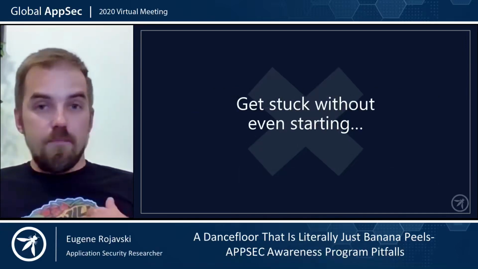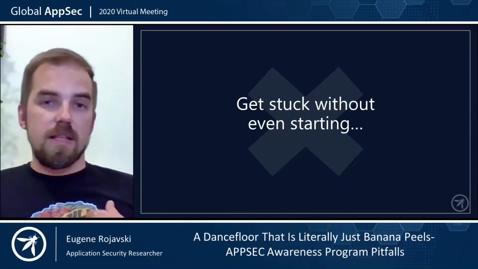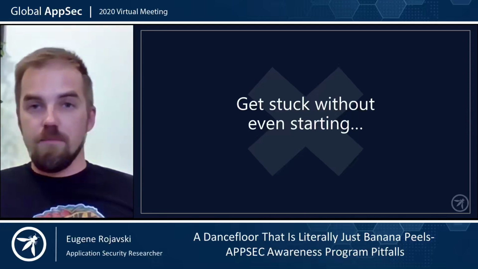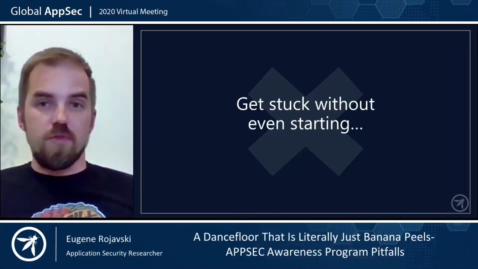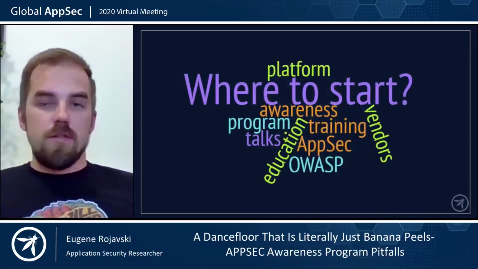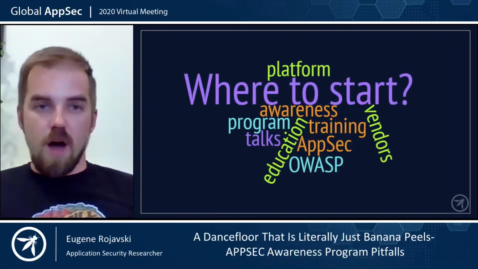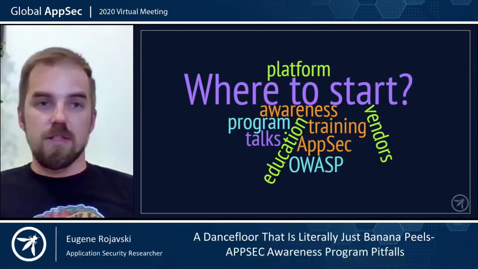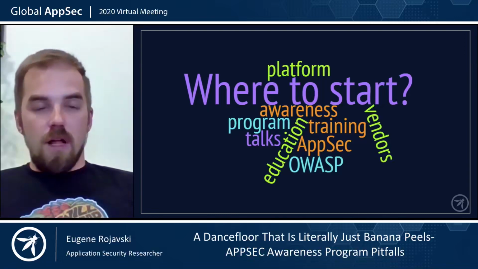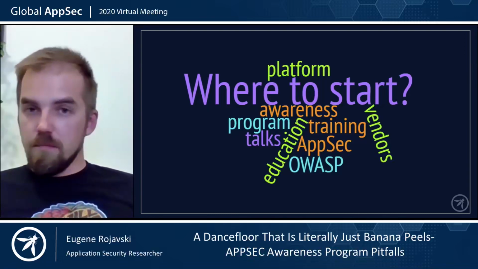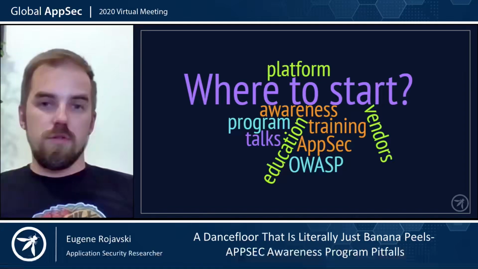For example, when I started, I got a task to roll out an AppSec program. I decided to start with an awareness program. I opened YouTube, watched a lot of talks, talked to some vendors, and read a lot of articles. There's a lot of information about it, but very few solutions.